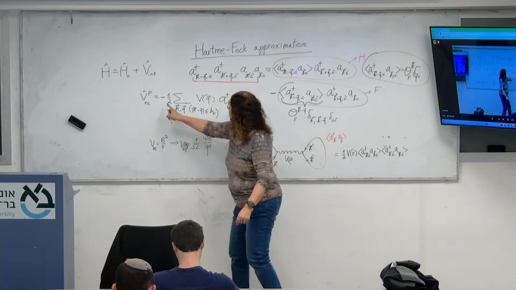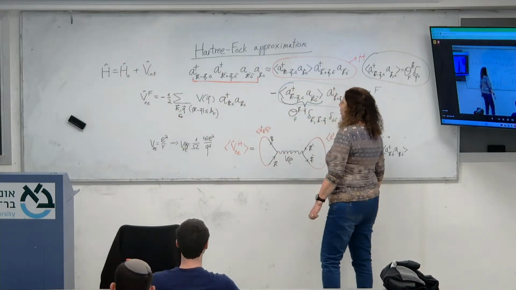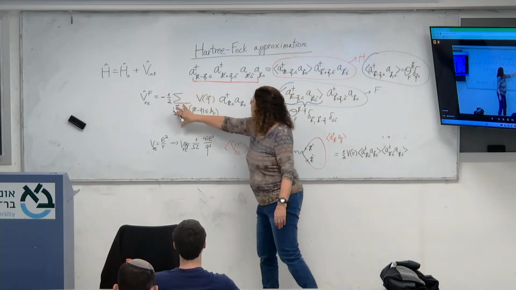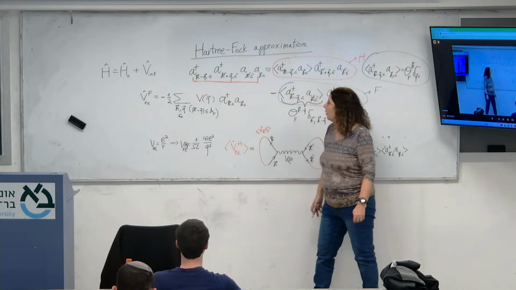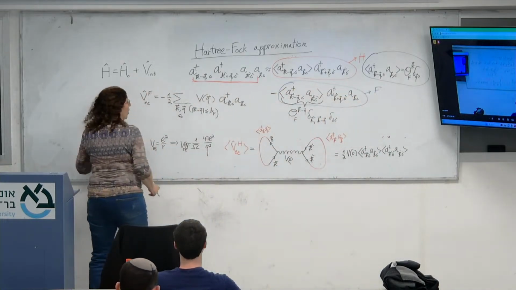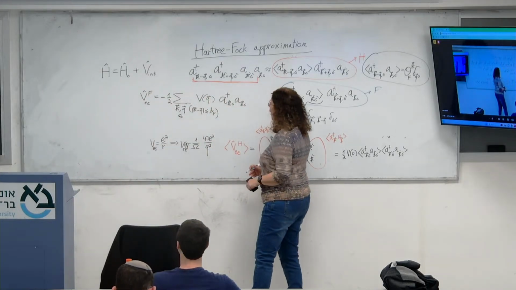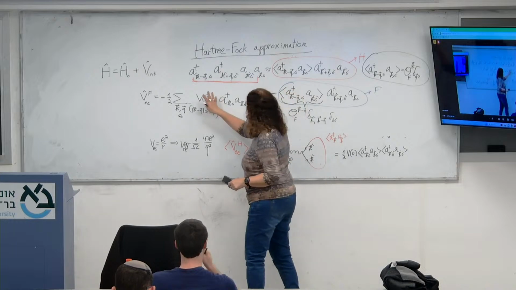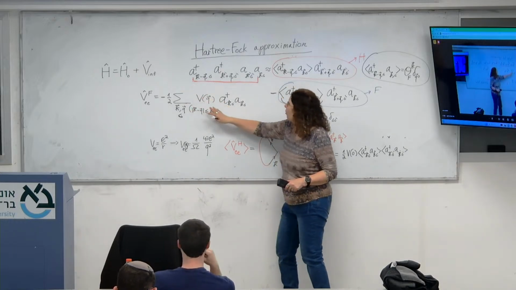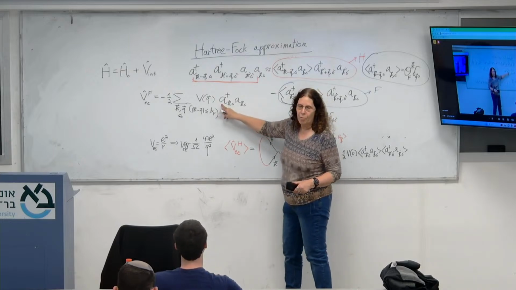And there's a minus sign here. How can I interpret this result? So I can write it as follows. You see that it does look like I have some correction to the single particle energy for each k.